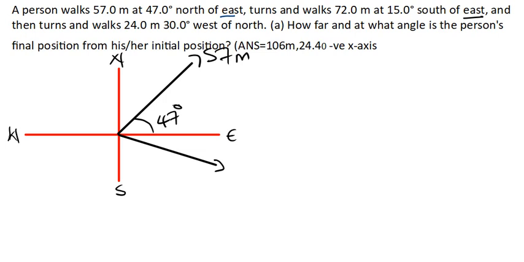Now this is 72 meters. So that angle which is near east is 15 degrees, here. But when resolving this vector, I need to get the angle from the positive x-axis all the way to where the vector is. Meaning for this one, the 72.0 meters, the angle which I'm supposed to use is 360 minus 15, which is 345.